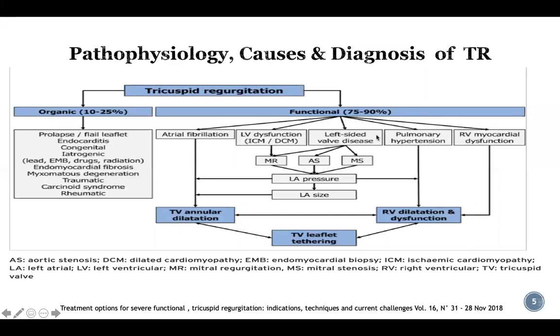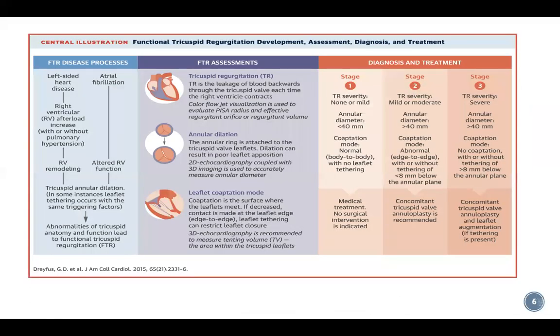Also the lesion on the left side can lead to pulmonary hypertension or RV myocardial dysfunction, RV dilatation. The endpoint will be tricuspid valve tethering and annular dilatation and TR.